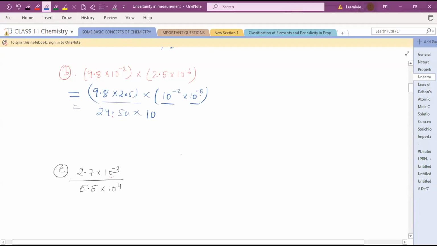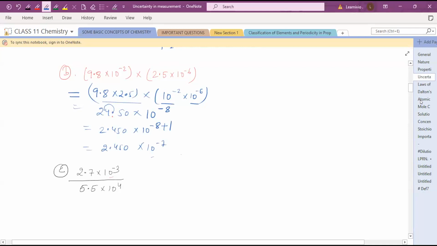Plus minus will become minus, and minus 2 minus 6 will give you minus 8. Now you have to shift this decimal here. So 2.450 into 10 raised to the power minus 8. You are just shifting this decimal to the left side, so you have to add 1, right? So it's into 10 raised to the power minus 7, right? So this is your final answer.